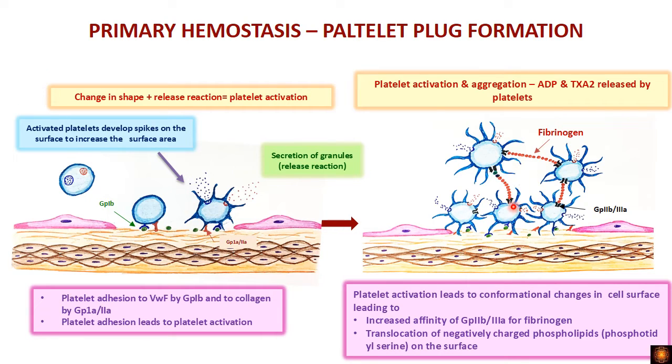So the fibrinogen attaches to these molecules on the activated platelets. Another important thing is there will be translocation of negatively charged phospholipids, mainly phosphatidylserine, to the surface. So these two changes occur when the platelets get activated.